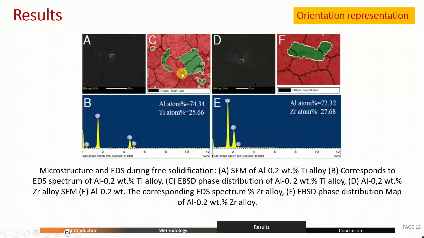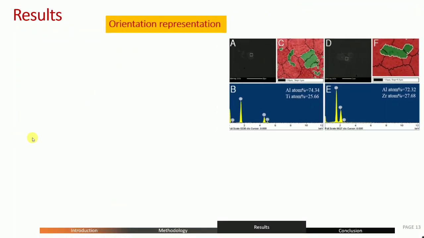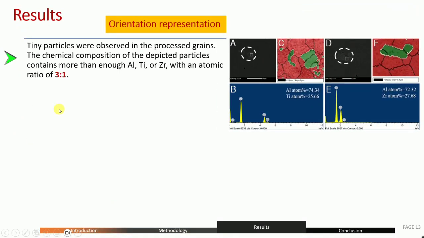So C talks about the EBSD imaging of this zirconium, or rather F is for zirconium and C is for titanium. So where this is actually located in the entire matrix they have talked about here. On talking about the orientation, they have got about a 3:1 ratio of aluminum to titanium.